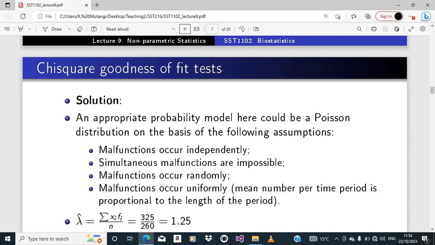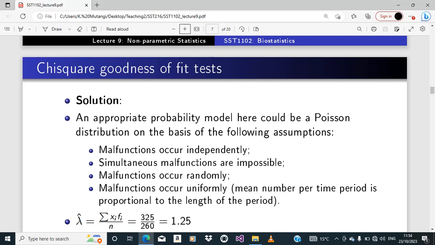Malfunctions occur randomly, and malfunctions occur uniformly. Mean number per time period is proportional to the length of the period, which these assumptions actually are the assumptions for the Poisson distribution. So we propose the use of the Poisson distribution here, which means we want to test the hypothesis that the data conforms to the Poisson distribution.